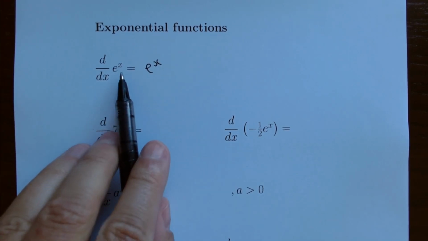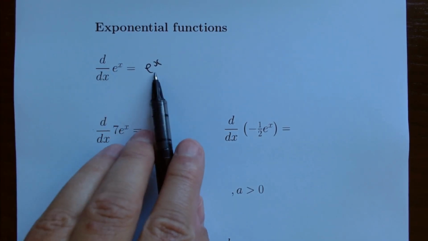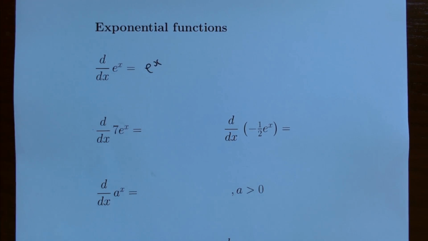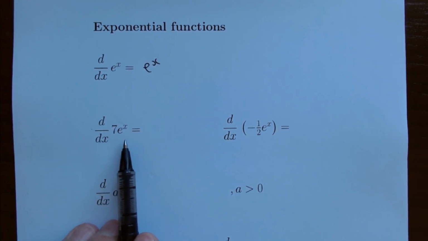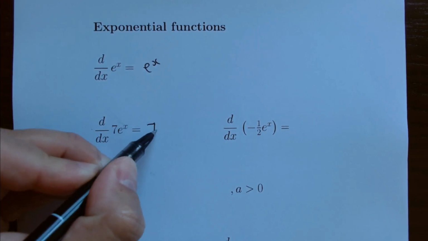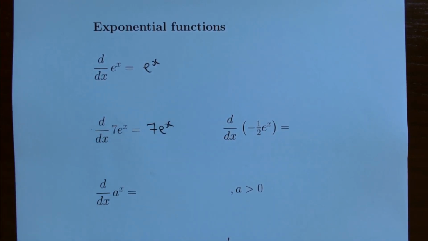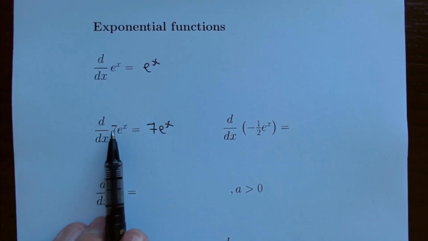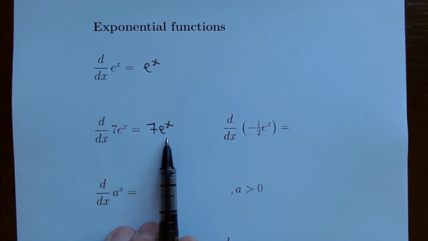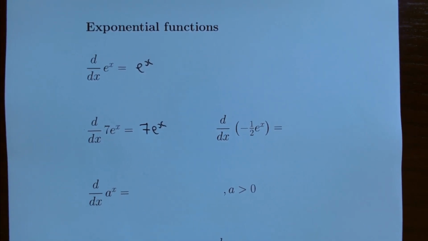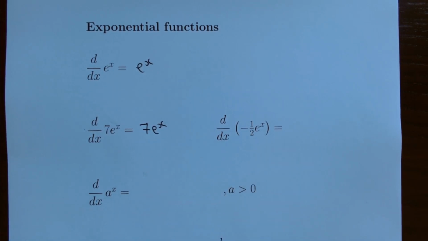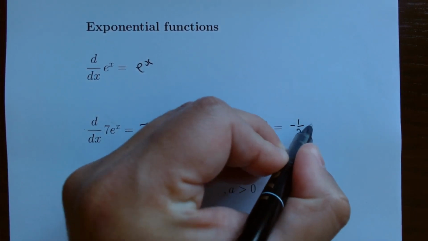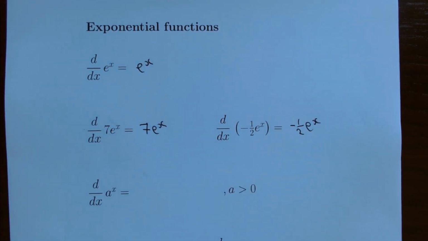So when you differentiate the exponential, you just get back the exponential, the same one. And for example, if you want to differentiate 7e to the x, you just get 7e to the x. So the 7 just multiplies e to the x. And the derivative of minus half e to the x is just minus half e to the x.